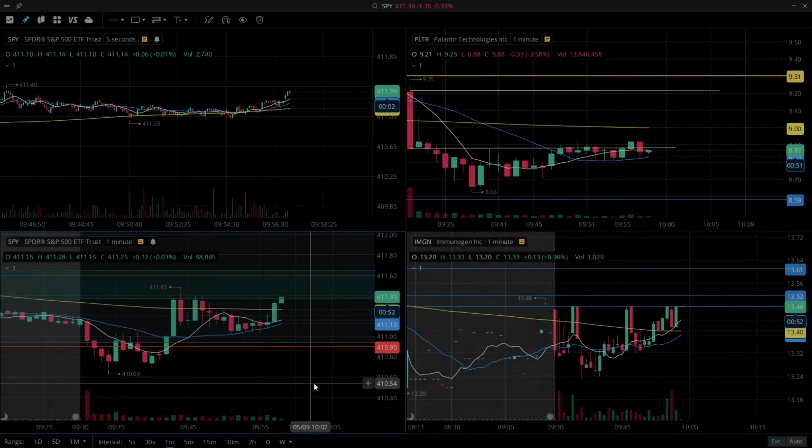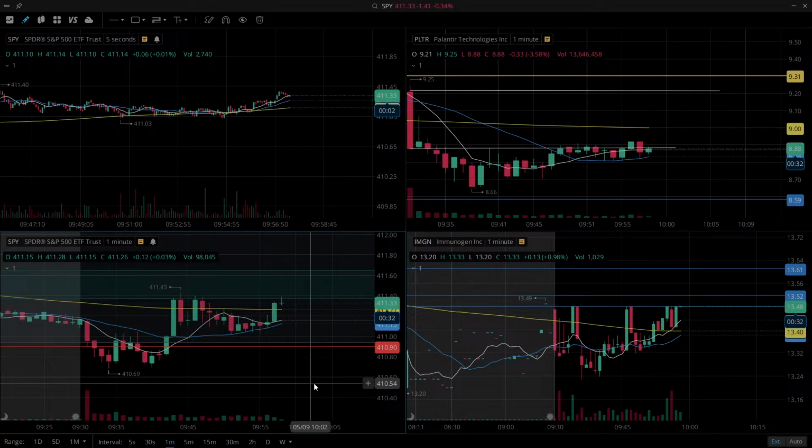PLTR is kind of threatening to run out of gas here, but we know what happens when it coils up like that real tight. Pretty much any penny stock, when it accumulates for a while like that, you'll get a quick move. And the longer that accumulation takes, the bigger the move will be typically. It can go either way though.